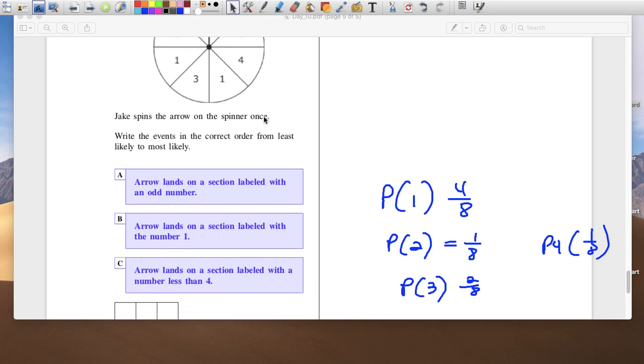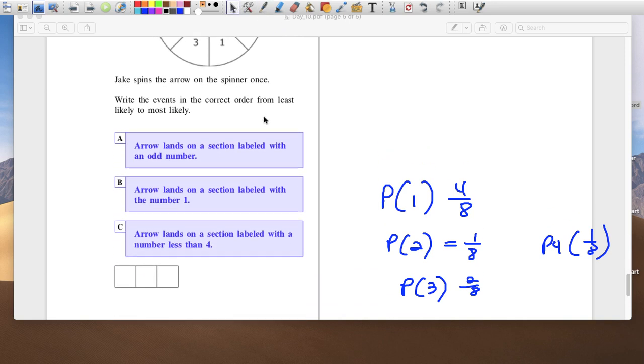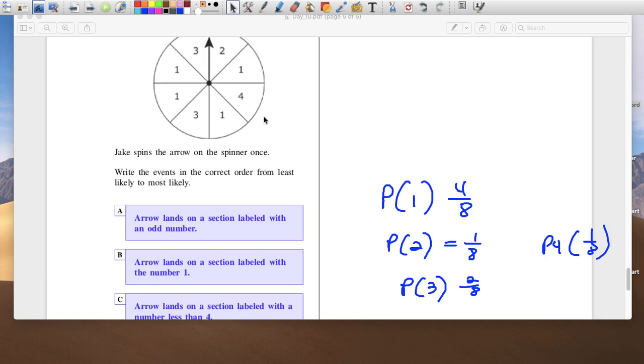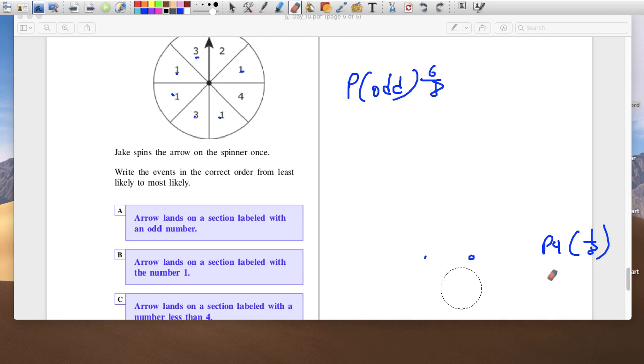So the arrow lands on a section labeled with an odd number. Oh, boy, odd number. Probability of odd is 1, 2, 3, 4, 5, 6, so 6 out of 8. So ignore all this stuff I did for no reason. Probability of 1 is 1, 2, 3, 4 out of 8.